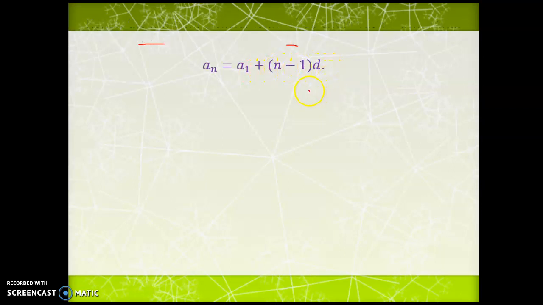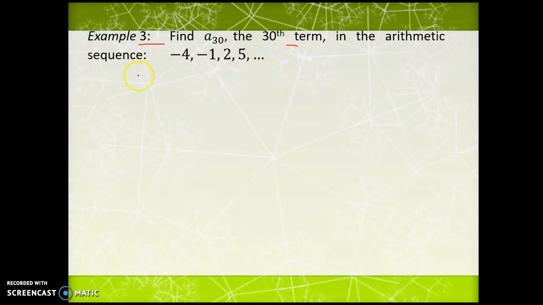Okay, let's take, for example, this one here. Find a sub 30, the 30th term in the arithmetic sequence -4, -1, 2, 5, and so on. Okay, so to get a sub 30, you identify the first term, get the difference, which is 3, and then what number is being asked, or what's the value of n, which is 30, and then plug into the formula, right?